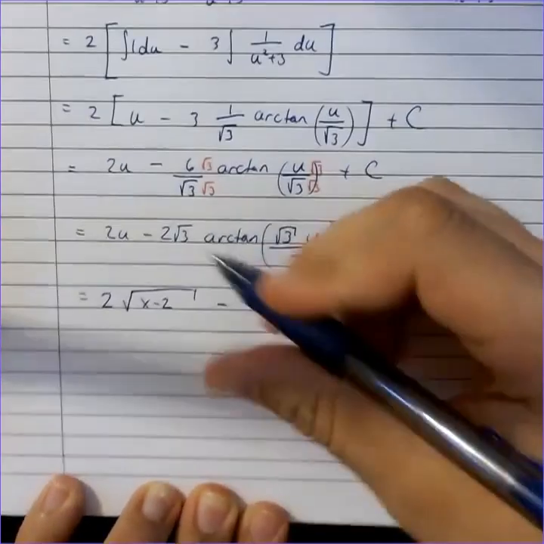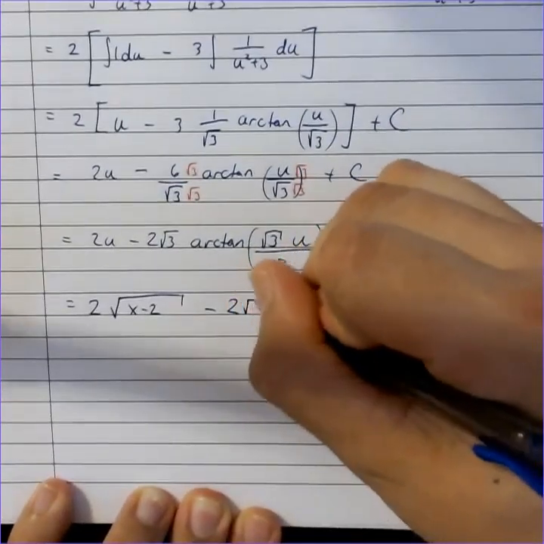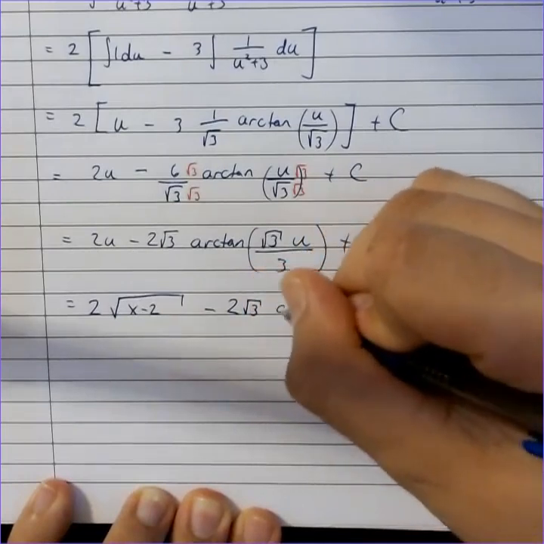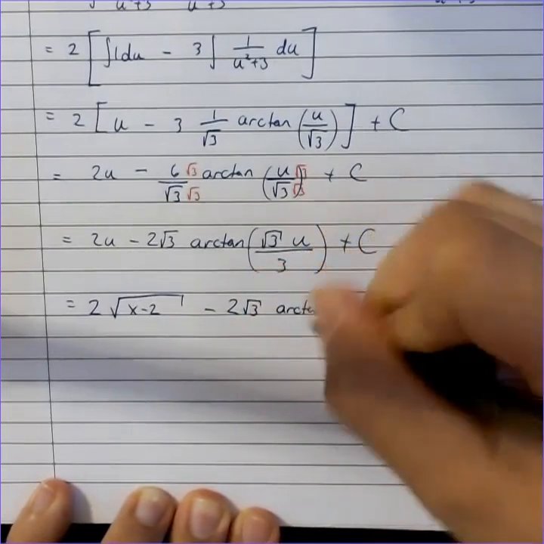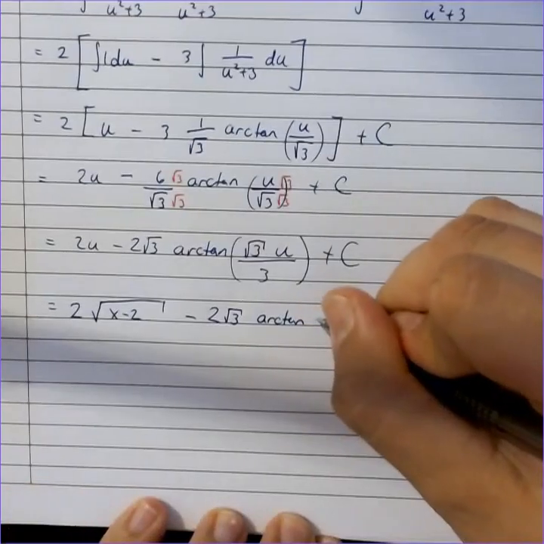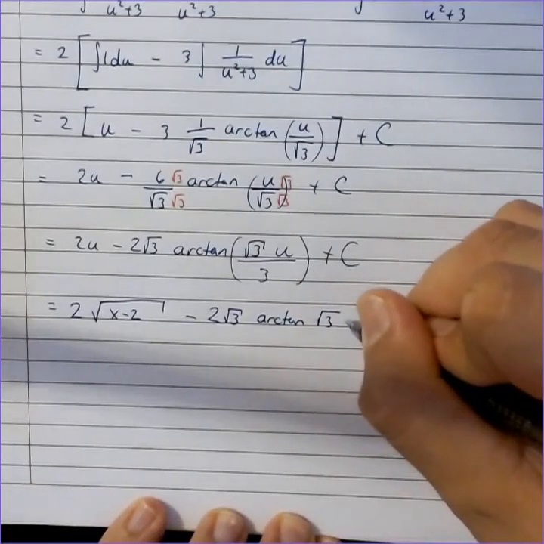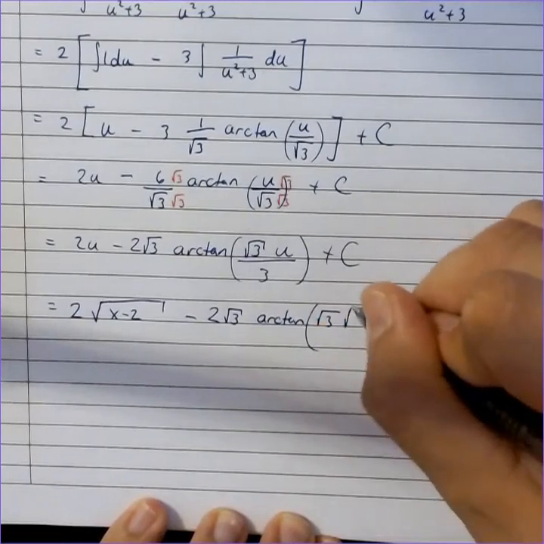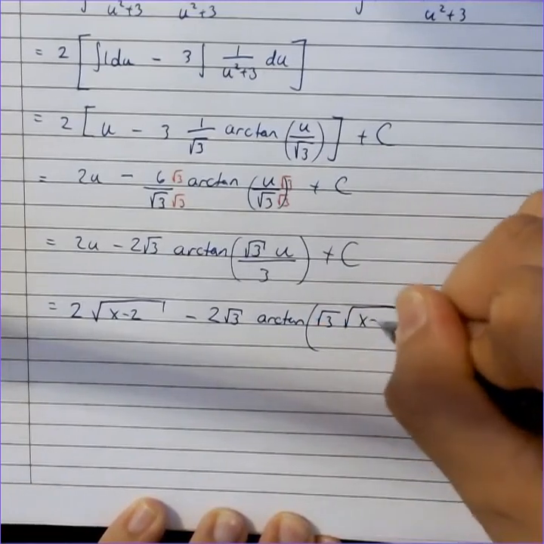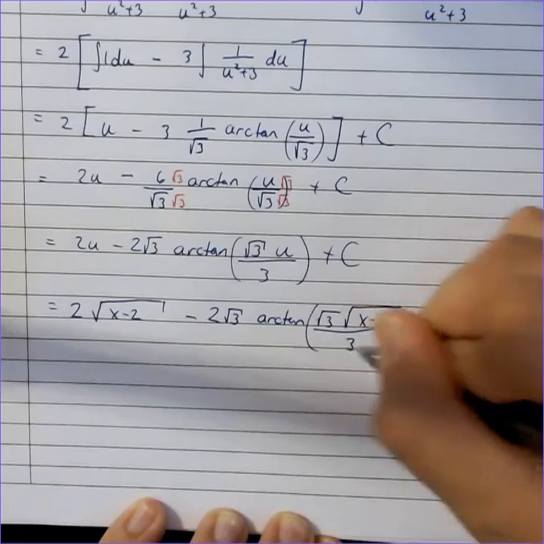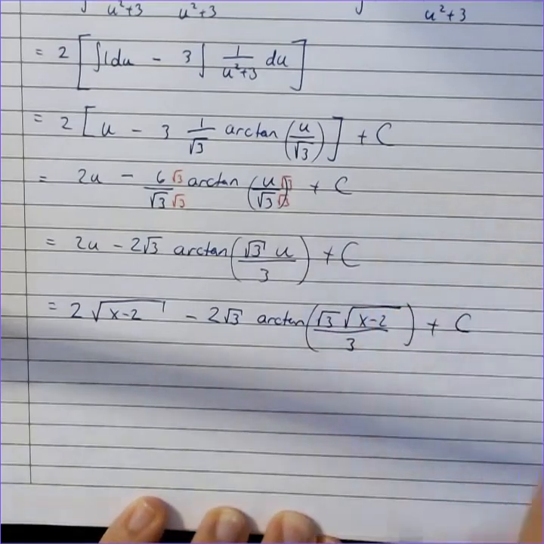That's a big square root sign. Minus 2 square root of 3 times the arctangent of the square root of 3 times the square root of x minus 2 over 3, plus a constant of integration.